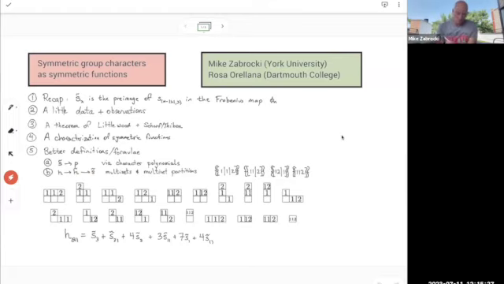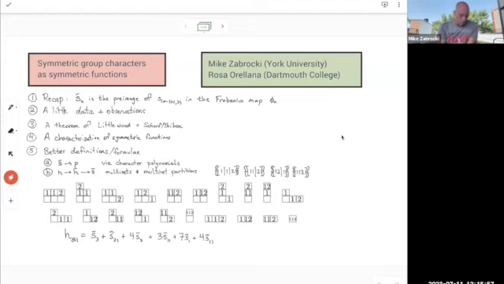It's a combinatorial interpretation: the transition from H to H tilde is in terms of multi-set partitions, with one term for each multi-set partition. Then the transition from H tilde to S tilde is to take the content of these multi-set partitions and turn them into column strict tableaux in those multi-set partitions.